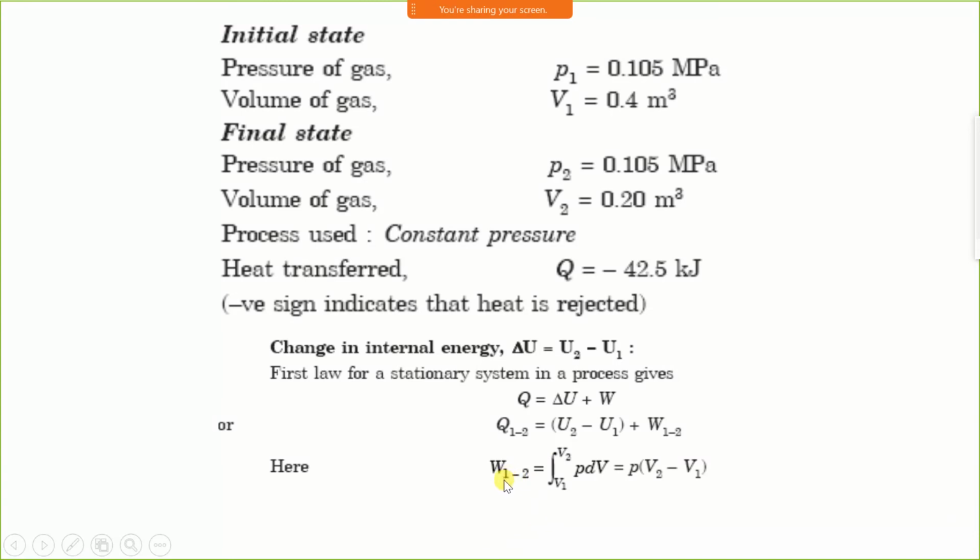We know the formula. Work done is equal to the integral of PdV. dV is an elemental change in volume, and to calculate total change in volume we have to integrate from point 1 to 2. Therefore we will integrate from V1 to V2. If we integrate from V1 to V2, we get P(V2 minus V1). We know the pressure, we know the change in volume.